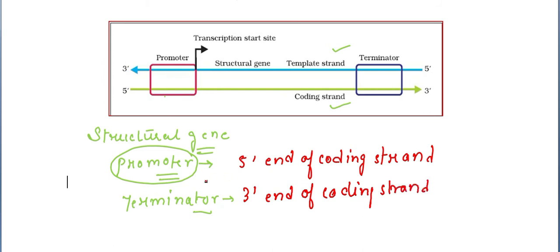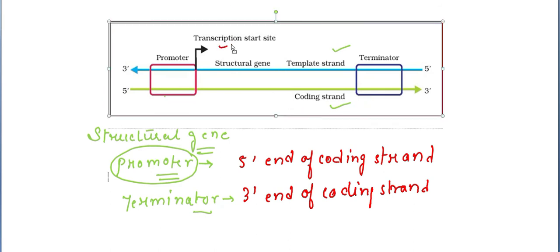And if the promoter and terminator switch their position, the strands are also changed, right? So it is the presence of a promoter in a transcription unit that defines the template and coding strand, and the promoter and the terminator, which are sequences, flank the structural gene here.